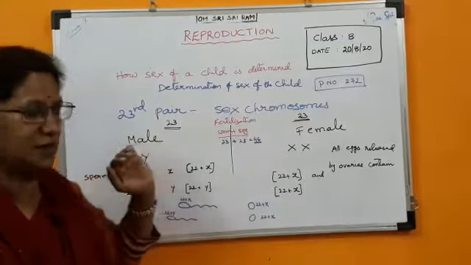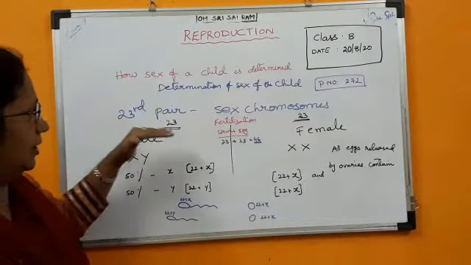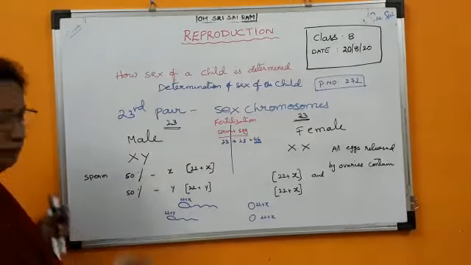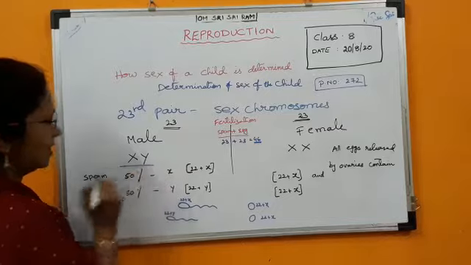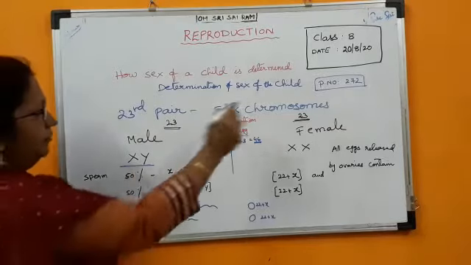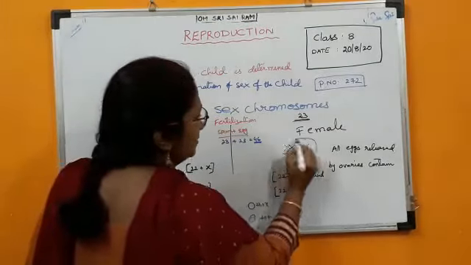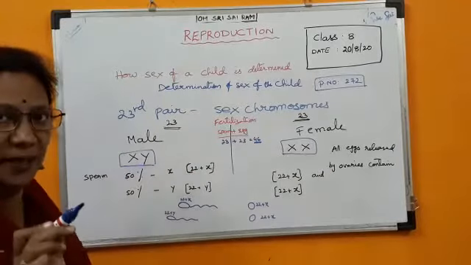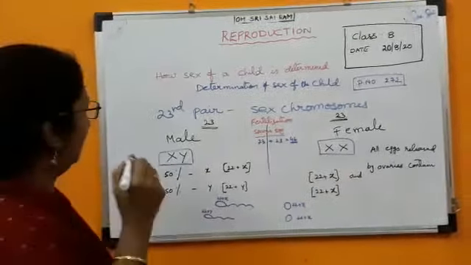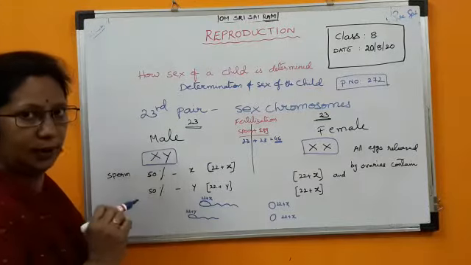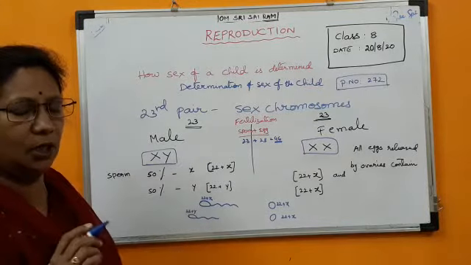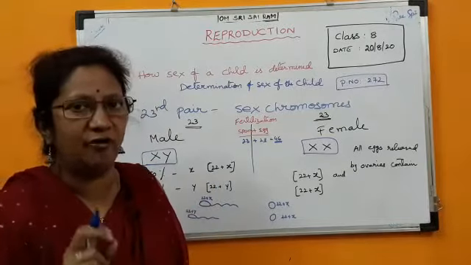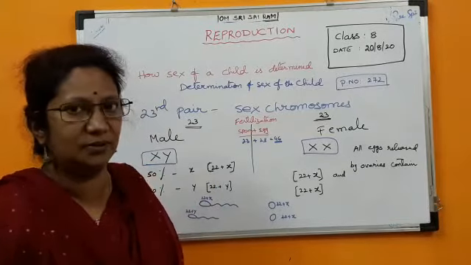In this 23rd pair, males have XY and females have XX. Remember, a female has X and X, a male has X and Y. Now if they ask what are the sex chromosomes of a boy, what will you write?